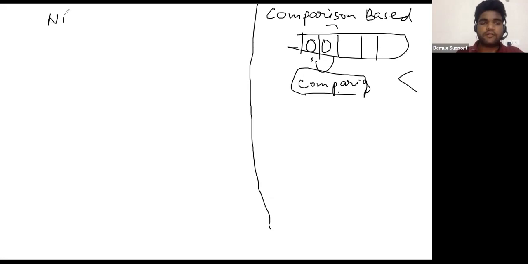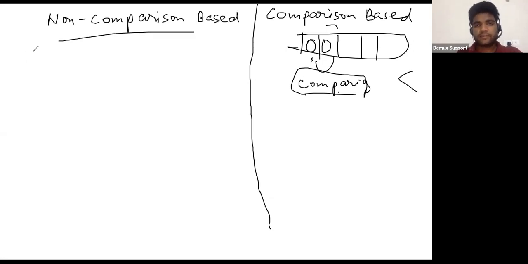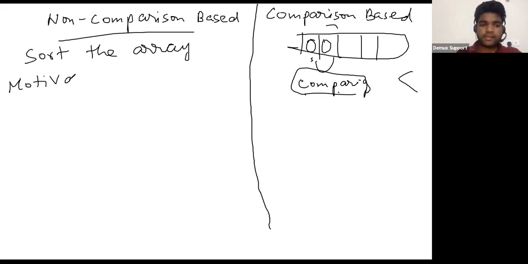There are a class of algorithms which are not really comparison based. They don't really compare the elements as such and still are able to sort the array. The motivation behind looking for such algorithms, I will tell you a very brief history, because I guess history is boring.